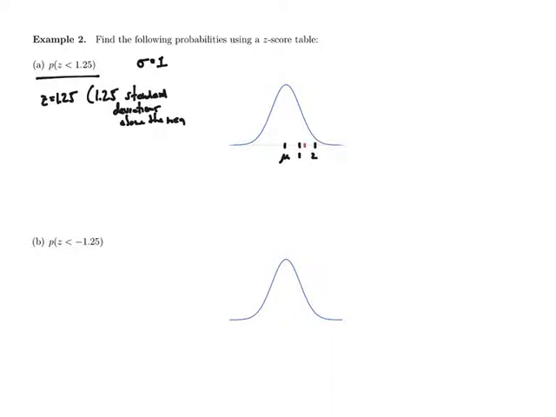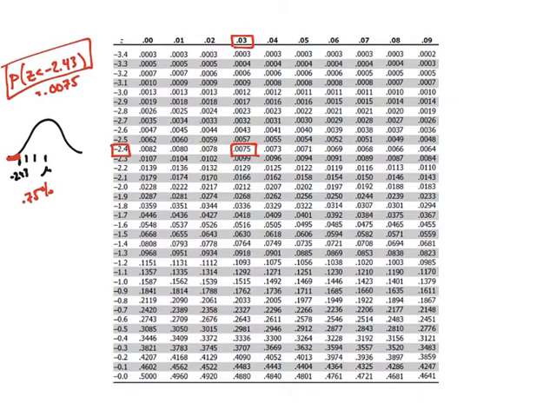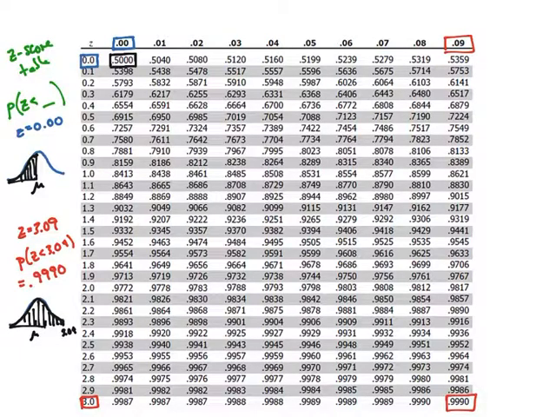We're thinking about 1.25. And we're trying to find the area that we are less than that value. So we look at the z-score associated with z equals 1.25. So let's go back to our table and find that. We need to go to the positive part, so we're looking for positive z-scores.